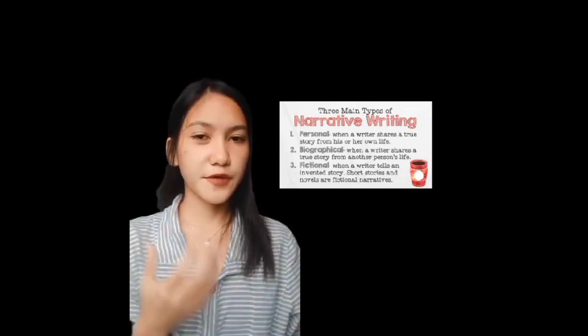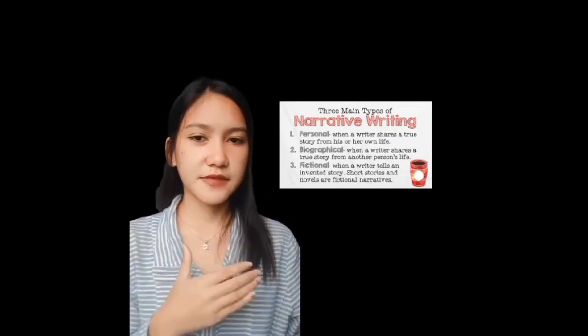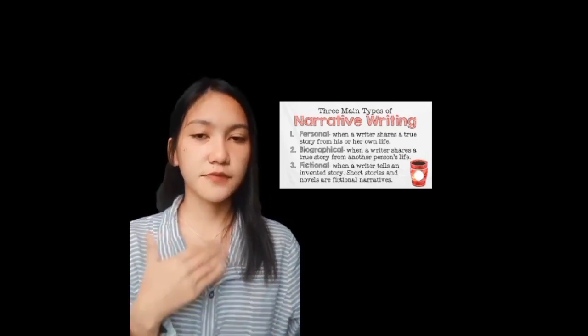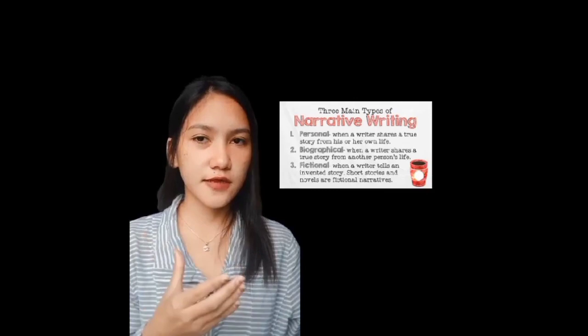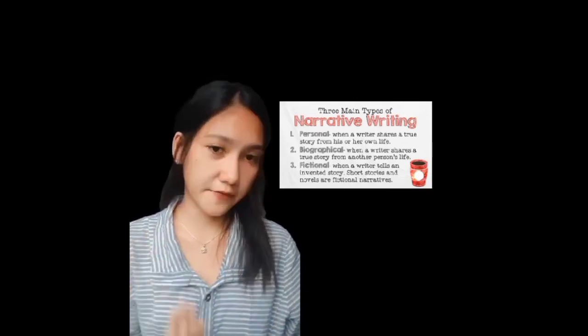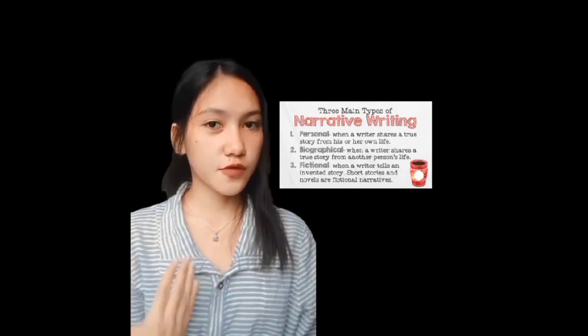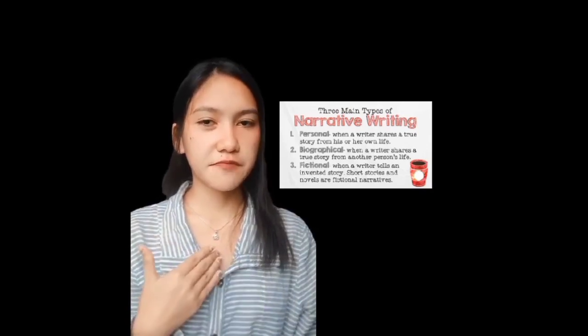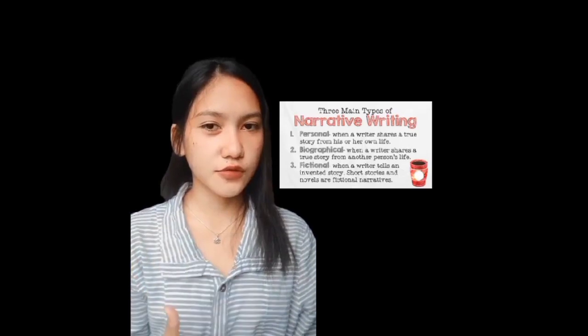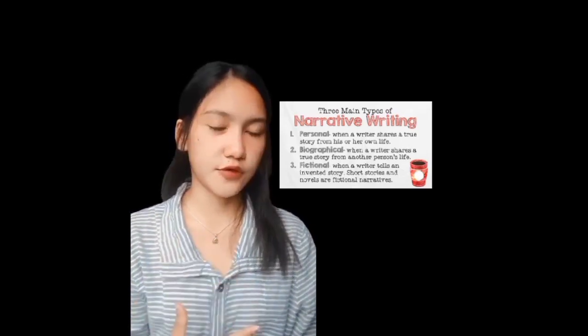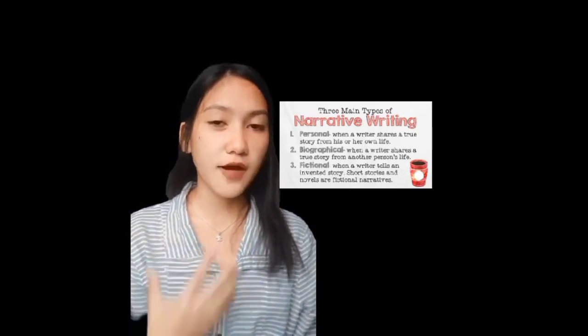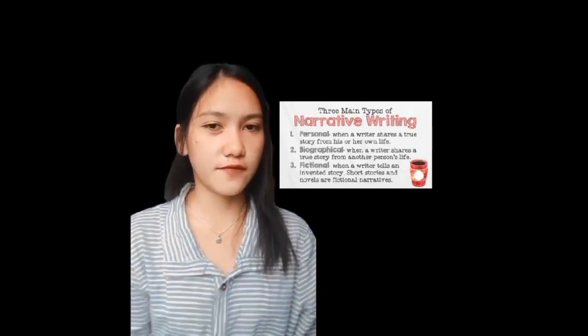So in biographical naman, we use the second person because we share a story from another person's life. And in fictional, the writer tells an invented story, because it is based only on the imagination of the author or the writer. Like for example, Wattpad or the short novel.